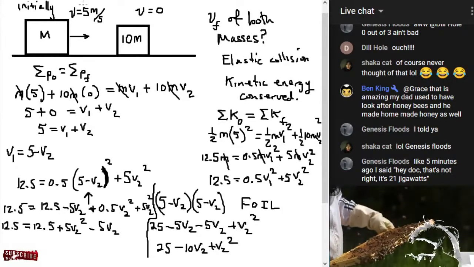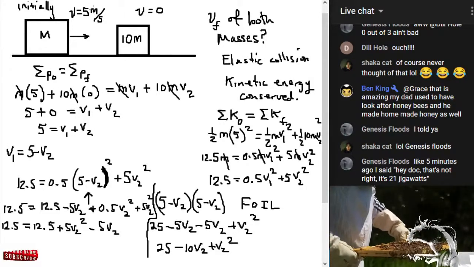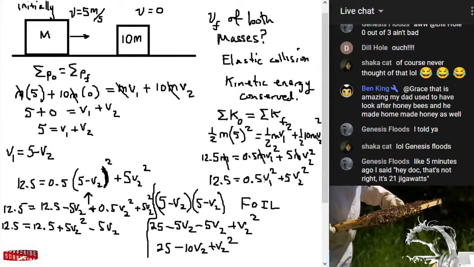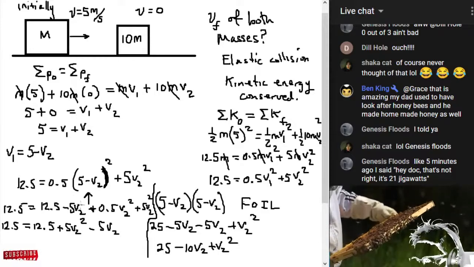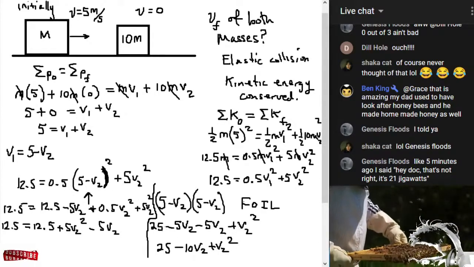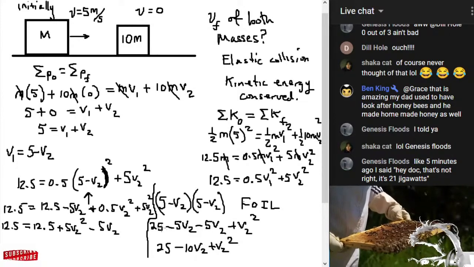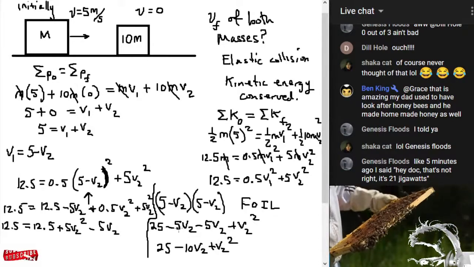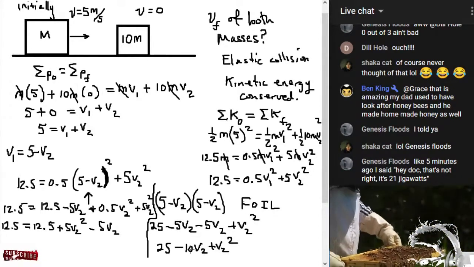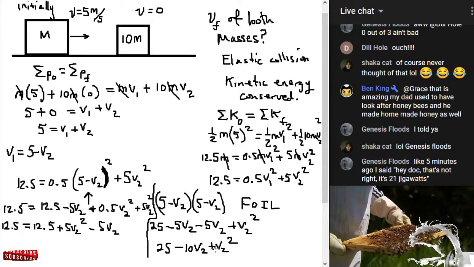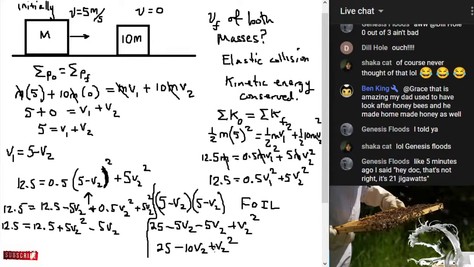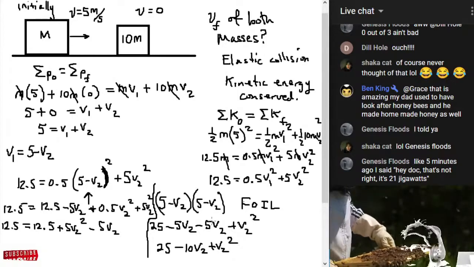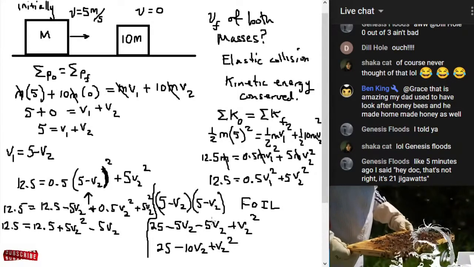Oh, duh. Wait a minute. 0.5, that's right. 5 minus v2. Okay, this is right. So 0.5 times this, 12 and a half. What in the world? This is why I don't like doing it this way, because it gets very messy.